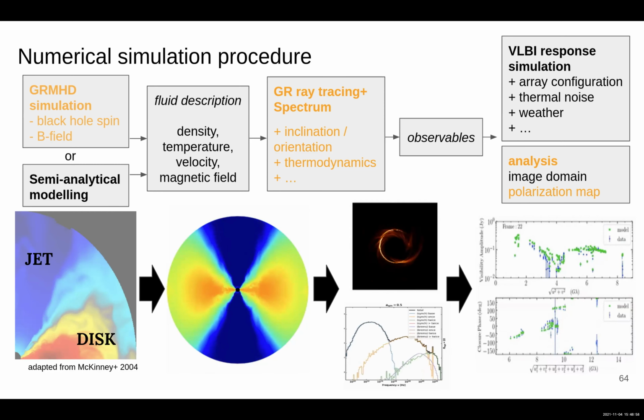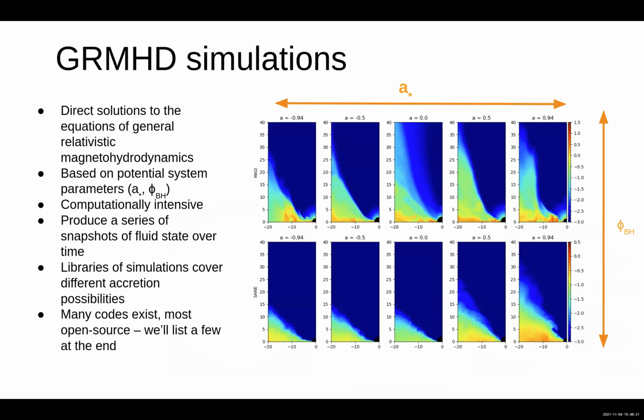Given an image, right, some distribution of intensities on the sky, the simulations you've been seeing so far are largely simulations of detector response or particular coverage in the UV plane of EHT or ngEHT configuration. And so from there, comes all of the analysis and such.